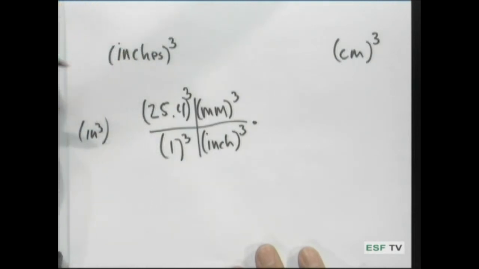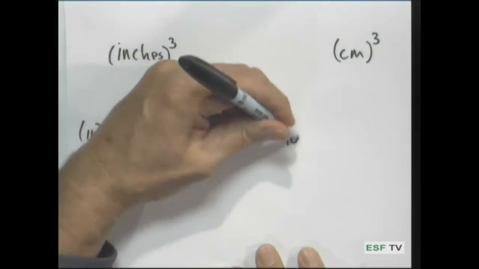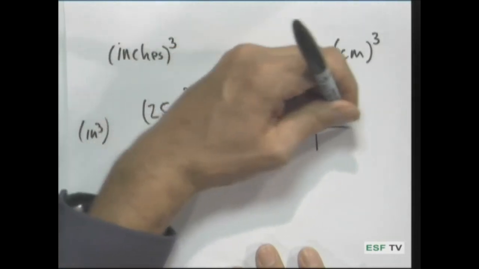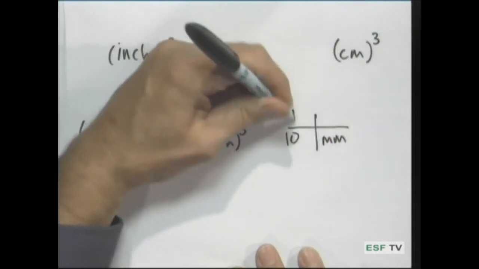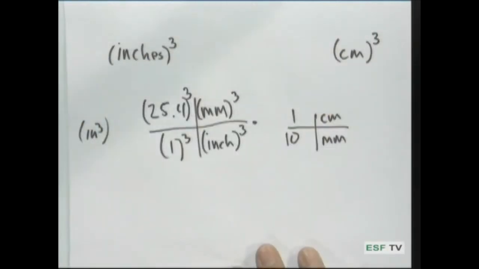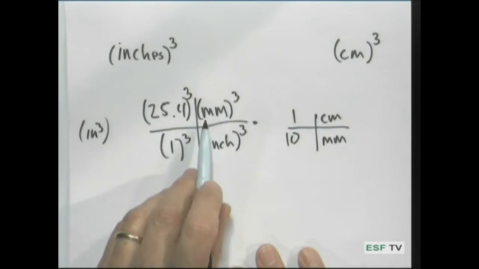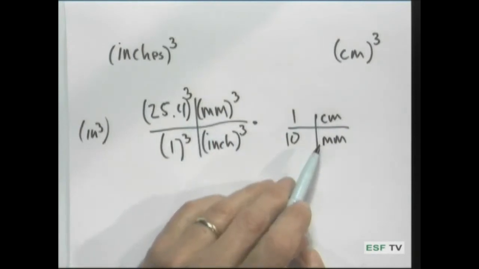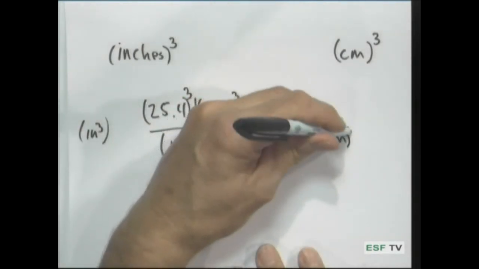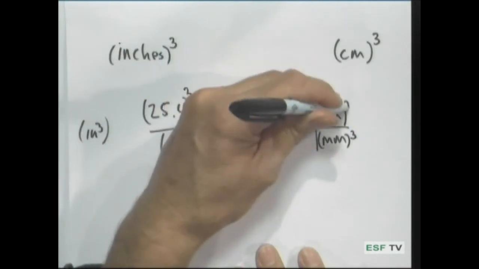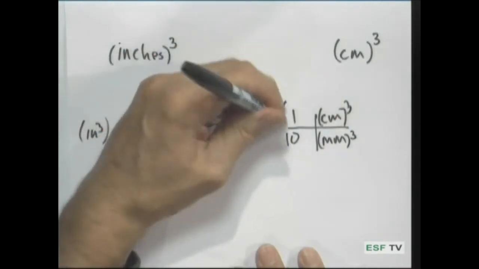So we multiply that by another conversion factor. We know, for example, that there are 10 millimeters per centimeter. So we start off with 10 millimeters per 1 centimeter. But again, here we have millimeters cubed, so we have to cube those to make them consistent. That means we have to cube centimeters as well.